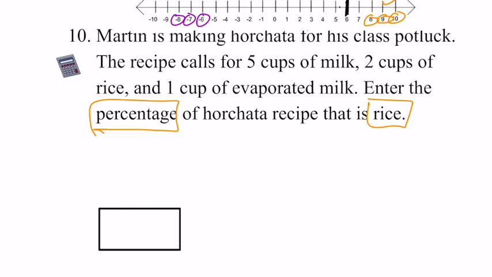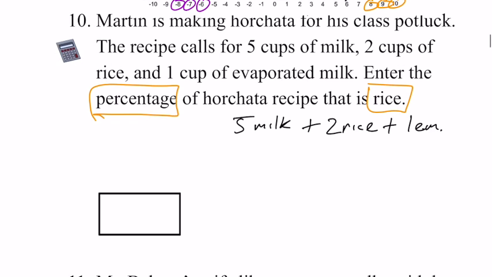So let's see. What do I have here? I have 5 cups of milk. Then I have 2 cups of rice, and I have 1 cup of evaporated milk. Okay. So how many total cups is that? That's a total of 5 plus 2 plus 1. That's a total of 8 cups.